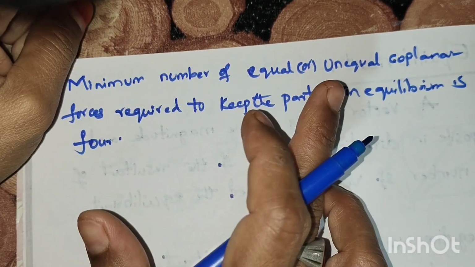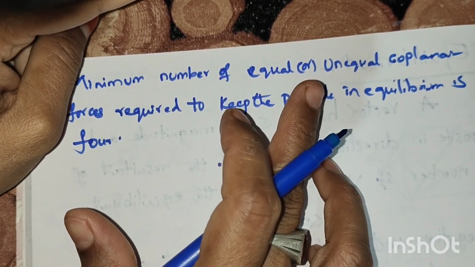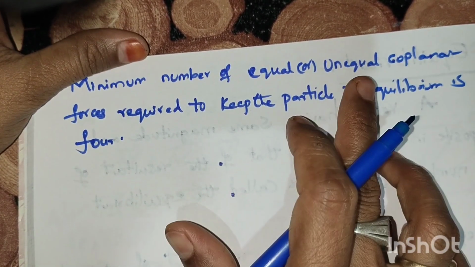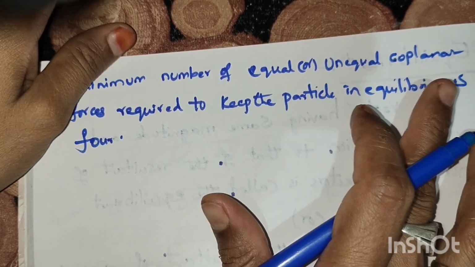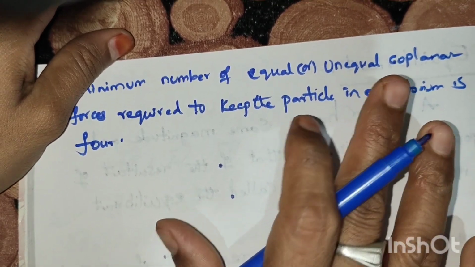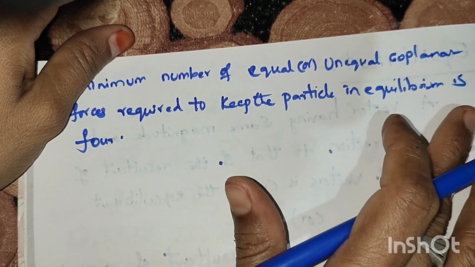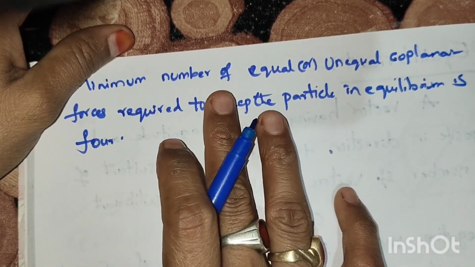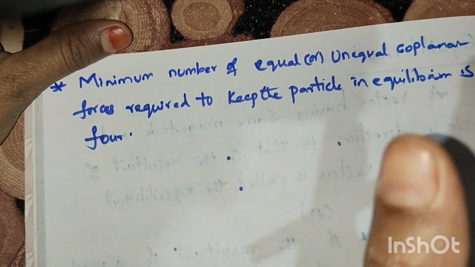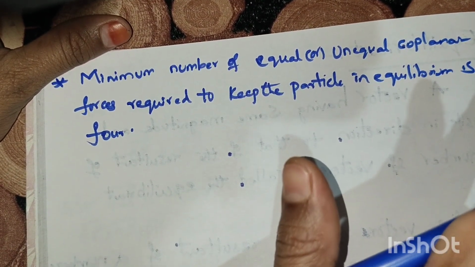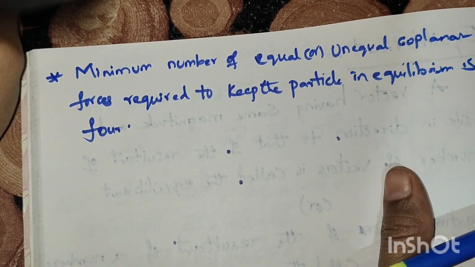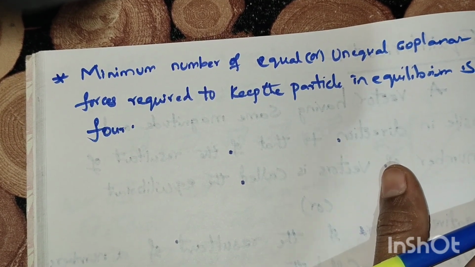We require a minimum of 2 equal coplanar forces, a minimum of 3 unequal coplanar forces, and if the forces are equal or unequal coplanar forces, the minimum required is 4. So these are the 4 important points for how a particle can be in equilibrium.